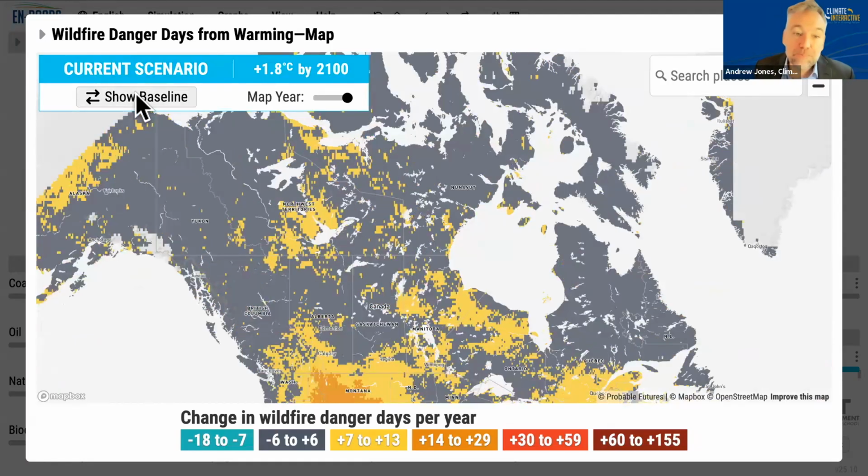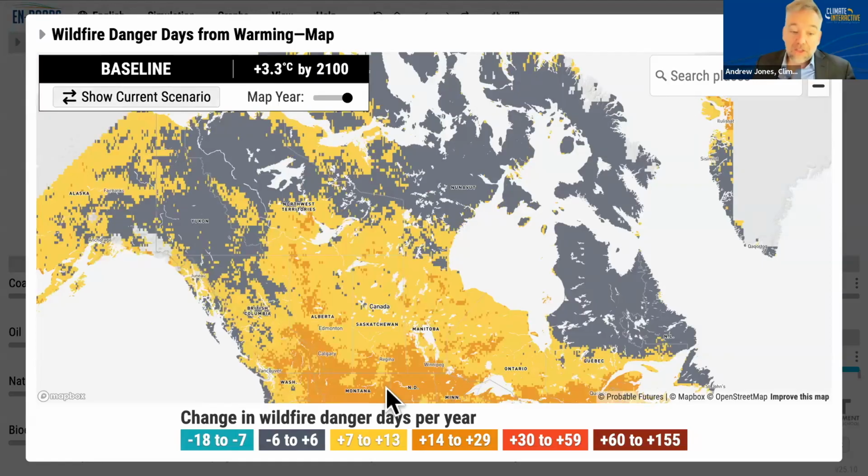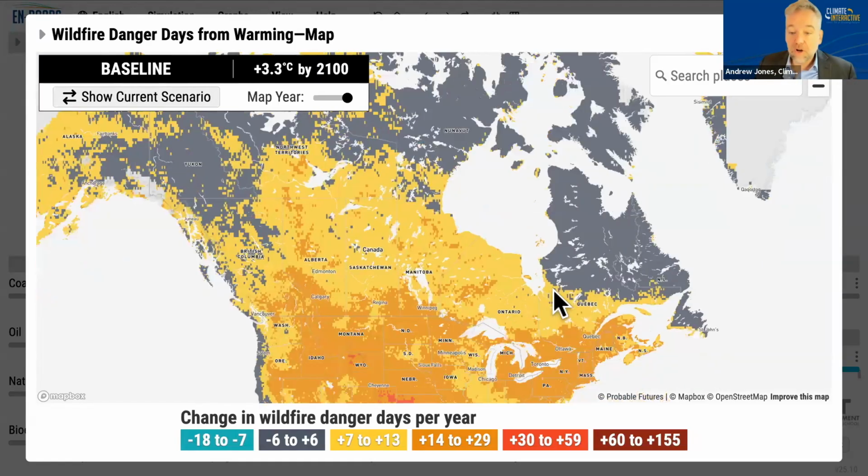And I hope you can see this big difference between a future where the world gets serious about reducing emissions, where we have some more than a week a year or 2 weeks in Canada of wildfire danger days versus the pervasiveness of more than 2 weeks to a month in these orange regions, all the way down in here as well. The big difference between an extra week or so of wildfire danger days versus not.